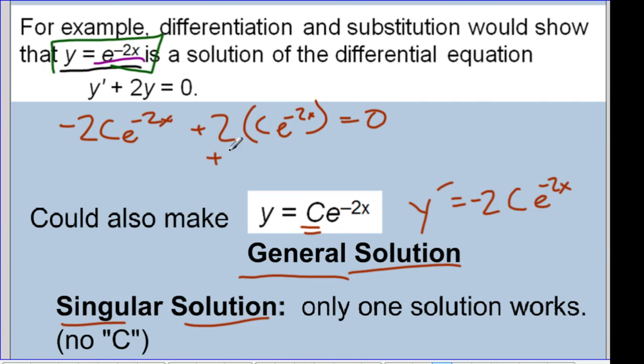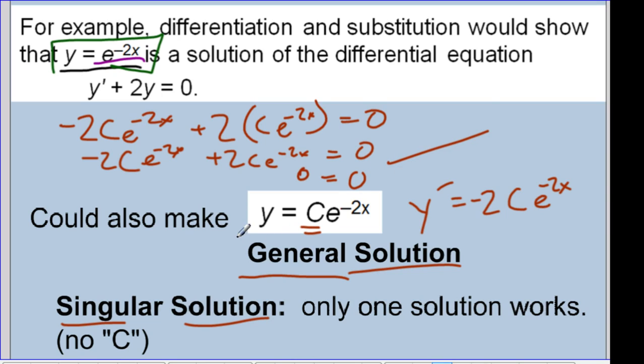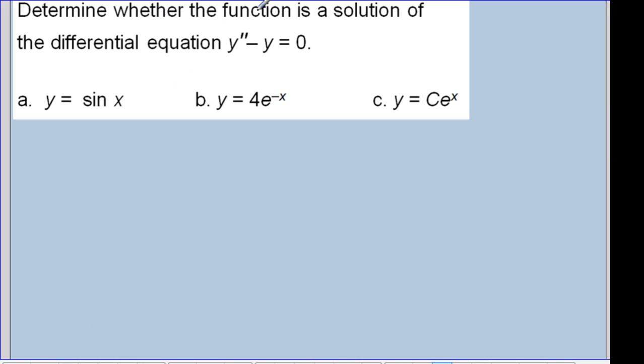Again, they would cancel each other out, so 0 equals 0, and that checks out. So this is a general solution to that equation, and the earlier one was a particular solution, using words we've used before.